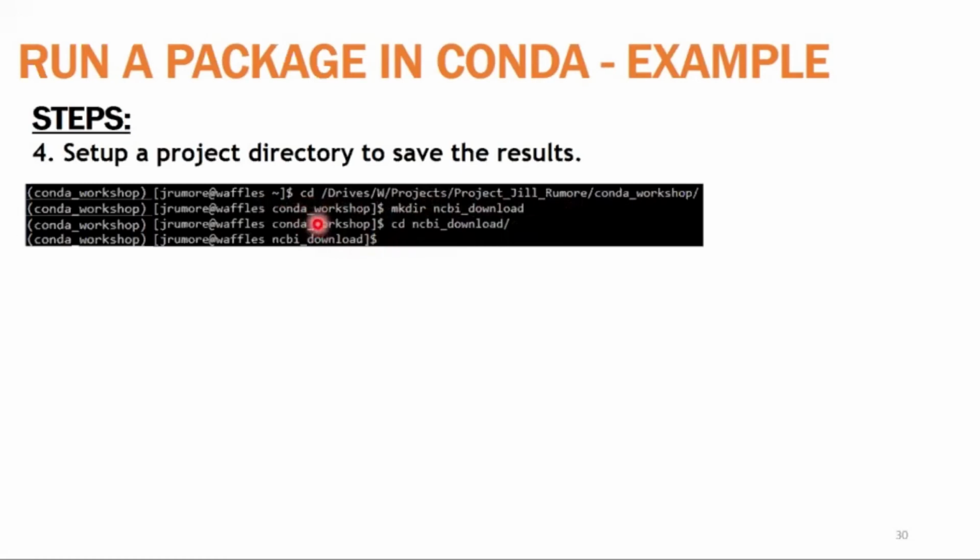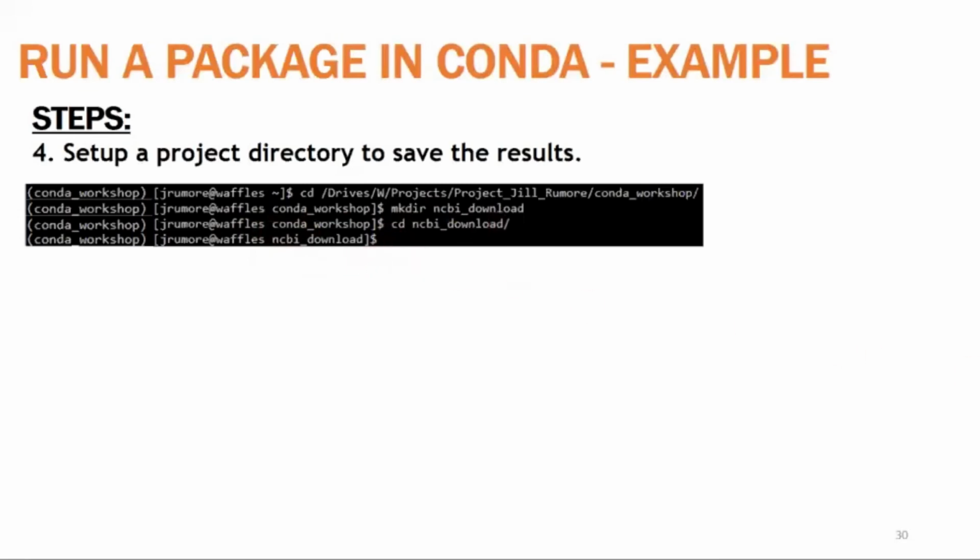Once I'm in the Conda workshop directory, I make a new directory called NCBI download using the mkdir command. Notice how I avoided the use of spaces and special characters in my directory name. Once my directory is created, I can then change into the new directory using the cd command, and the NCBI download directory will now serve as my project directory.